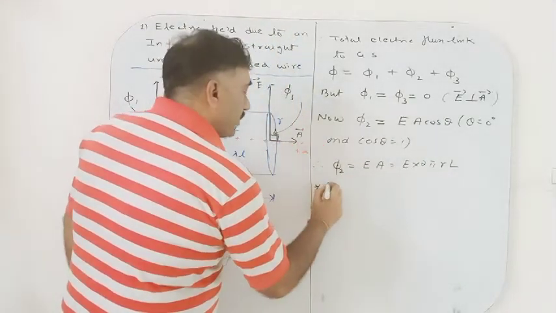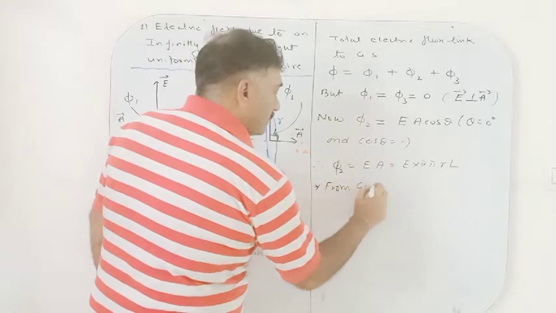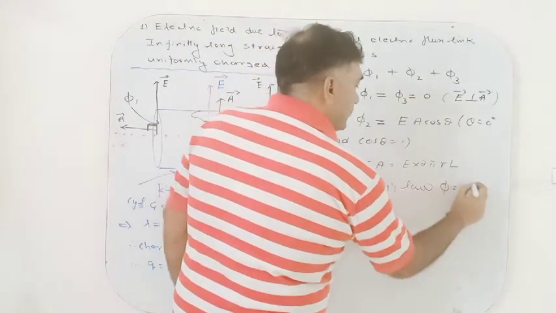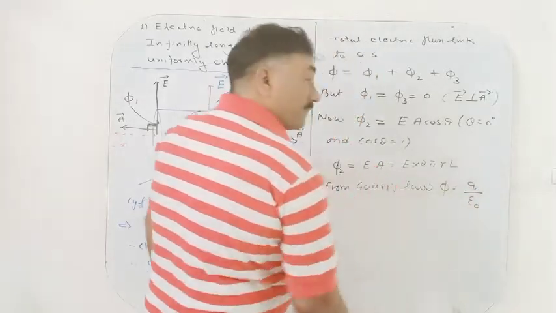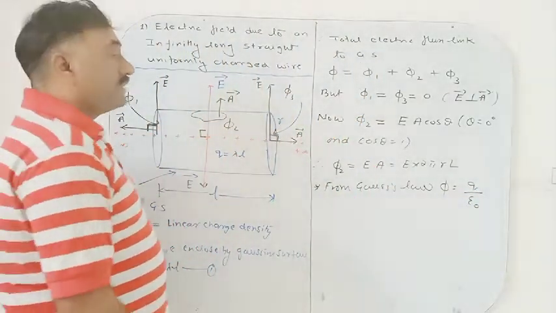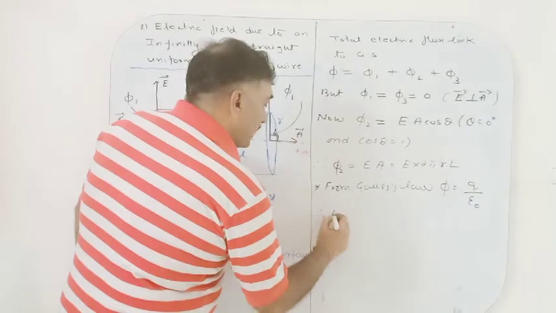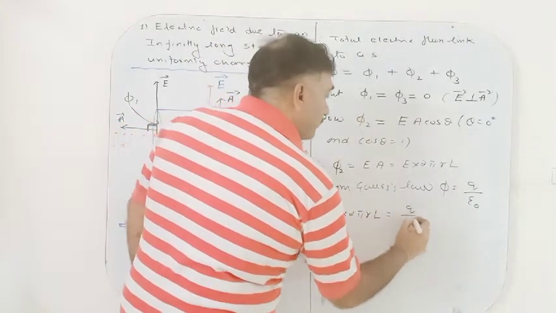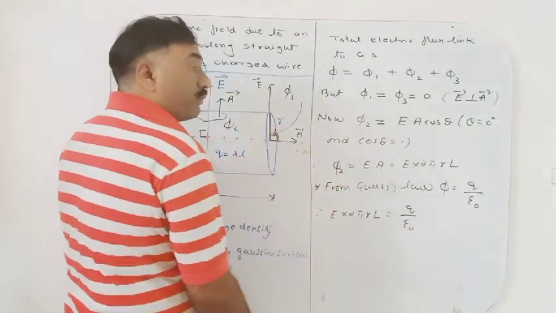And from Gauss law, the total flux is equal to Q divided by epsilon 0. And how much is the total flux? Electric field multiplied by 2 pi RL is equal to Q upon epsilon 0. And what is the value of Q?